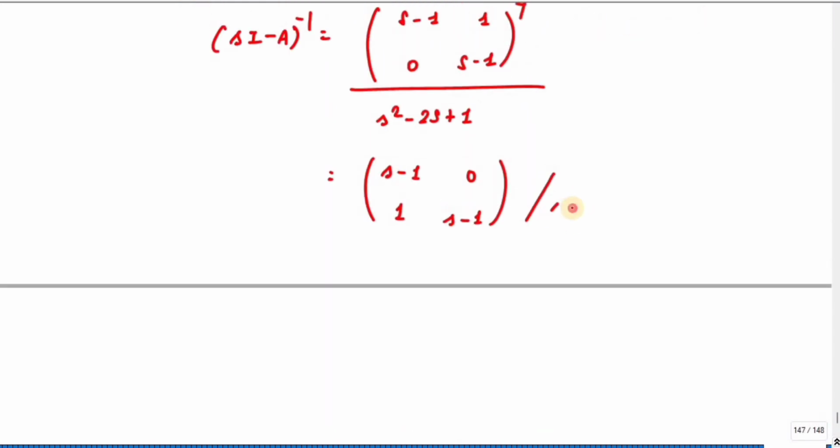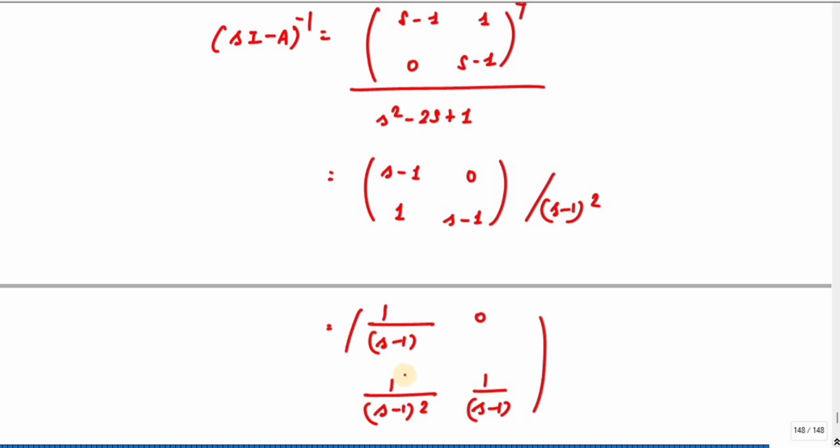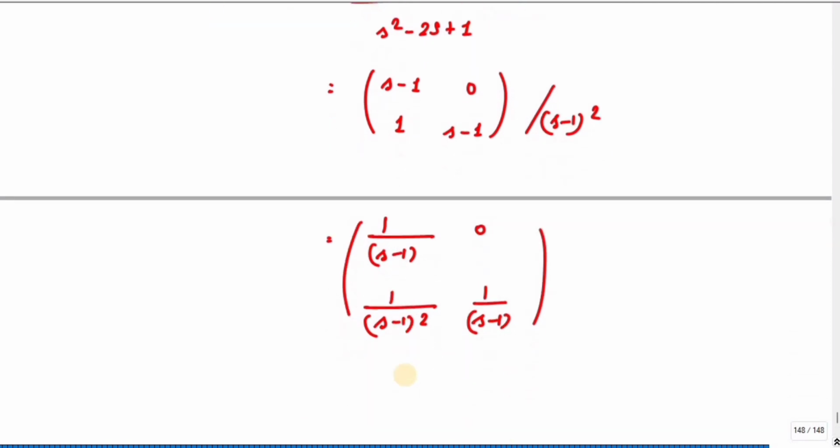After that, you have to divide it by the denominator, that is nothing but (s minus 1) the whole square. So if you bring it inside, 1 divided by s minus 1, 0, and 1 divided by (s minus 1) the whole square, 1 divided by s minus 1 is your answer for (sI minus A) the whole inverse.